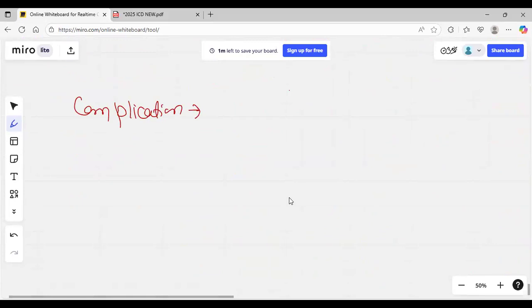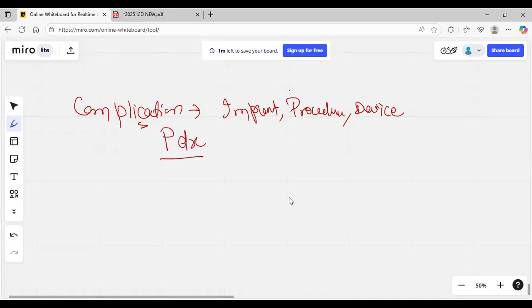Whenever a patient has any condition due to an implant, due to procedures, or due to devices, any condition that occurs after the surgery, we have to code the complication. And we have to keep the complication code at the primary position. We cannot code a complication at the secondary position.